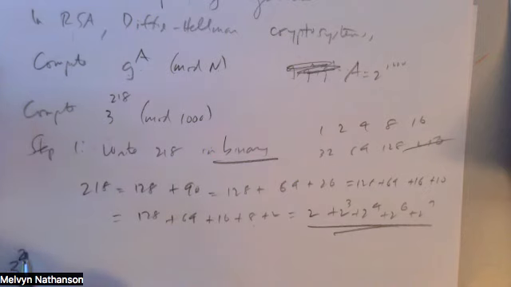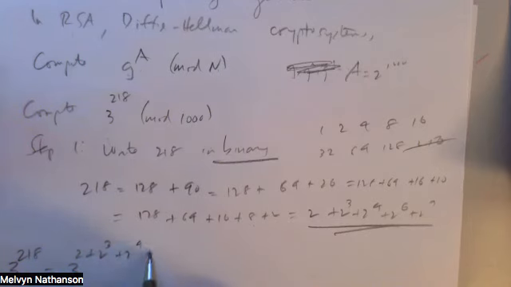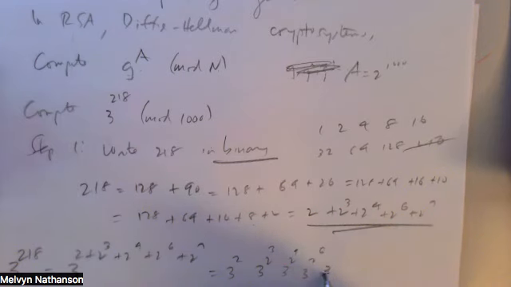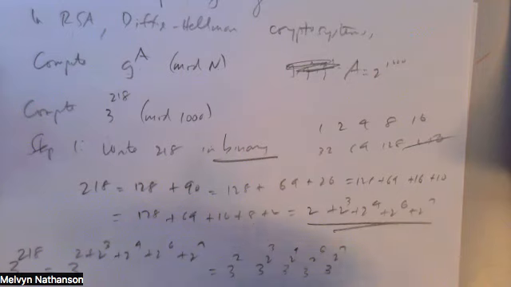So 3 to the power 218 is 3 to the power 2 plus 2 cubed plus 2 to the 4th plus 2 to the 6th plus 2 to the 7th, which is 3 squared, 3 times 2 cubed, 3 times 2 to the 4th, 3 times 2 to the 6th, 3 times 2 to the 7th.